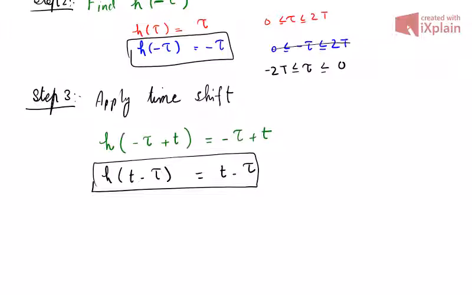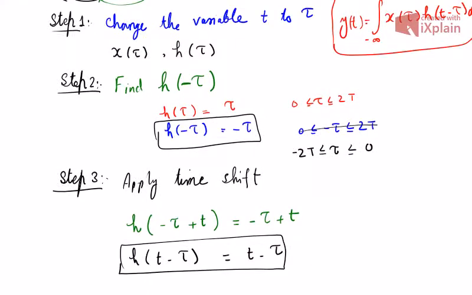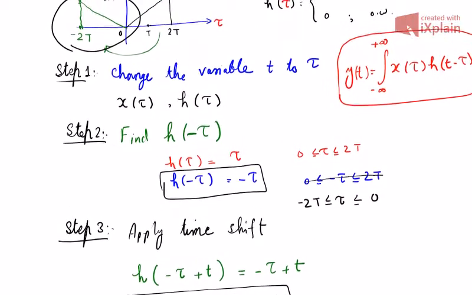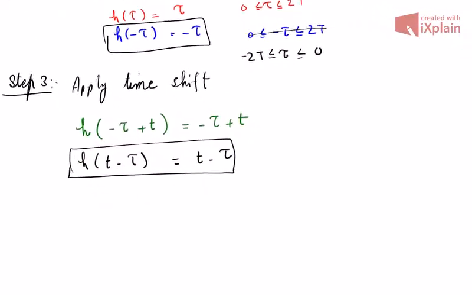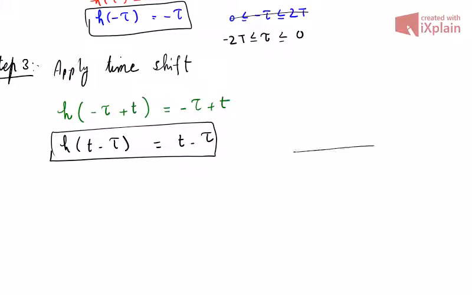Just keep this in mind: when you get h of minus tau, already we have h of minus tau here. Let me redraw h of minus tau. It's here from minus 2 times capital T up to 0, so minus 2T up to 0, the signal is available.